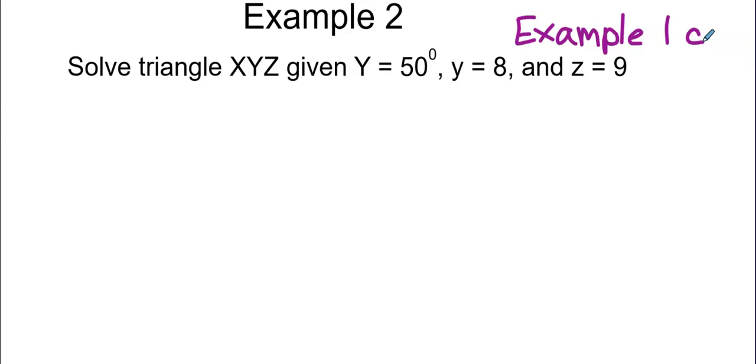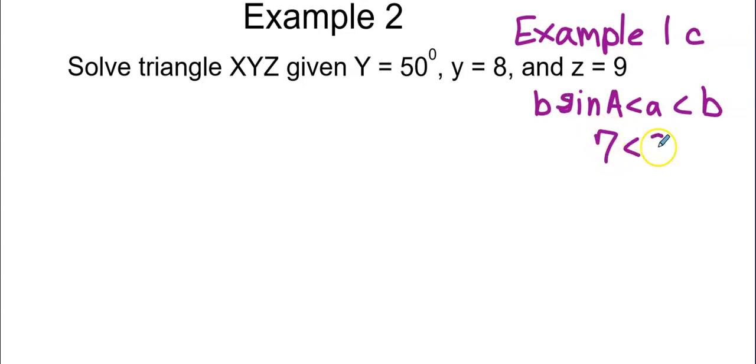Just real quick, we said that b sine A was less than a, which was less than b. So that was this problem here, and we said that was 7, 8, 9. That meant we had two solutions.